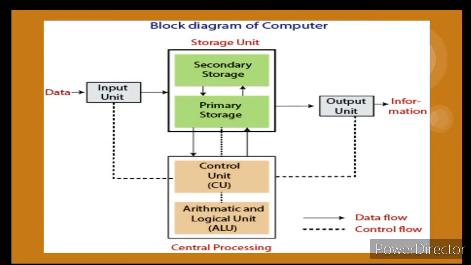It also performs logical operations like comparison of values, such as NOT, AND, OR. All information in a computer is stored in the form of binary numbers, for example 0 or 1.